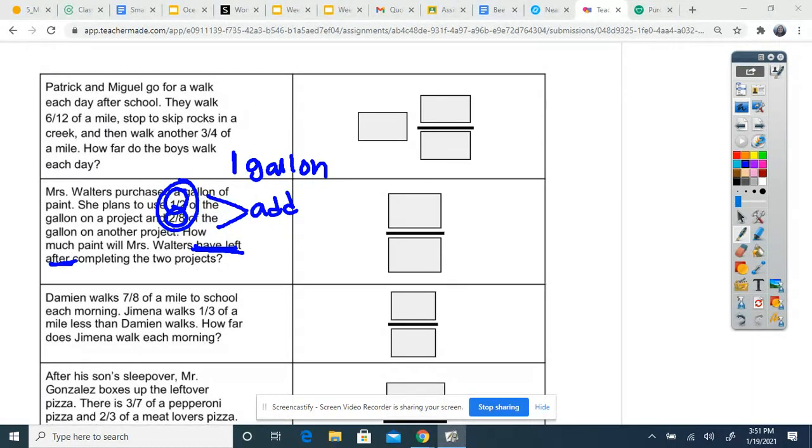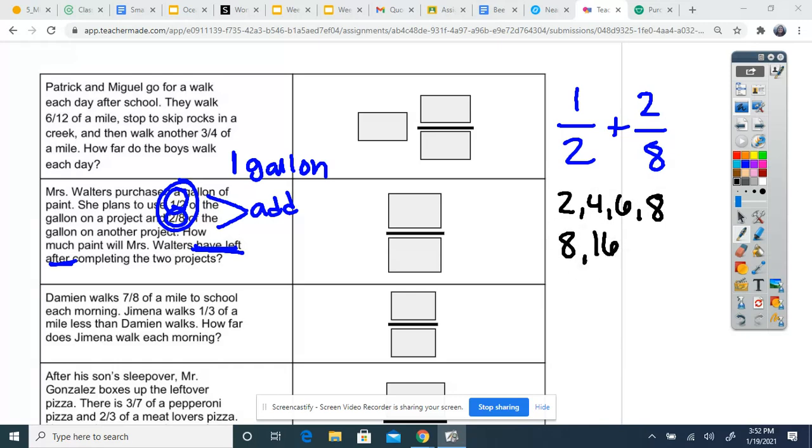So we have 1/2 plus 2/8. I'm going to list my multiples for 2. 2, 4, 6, 8. List the multiples for 8. 8, 16. So my lowest number they have in common is 8. So the 8 becomes my LCD, least common denominator.